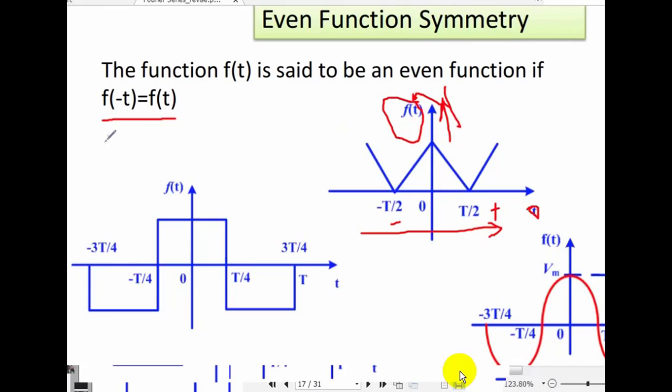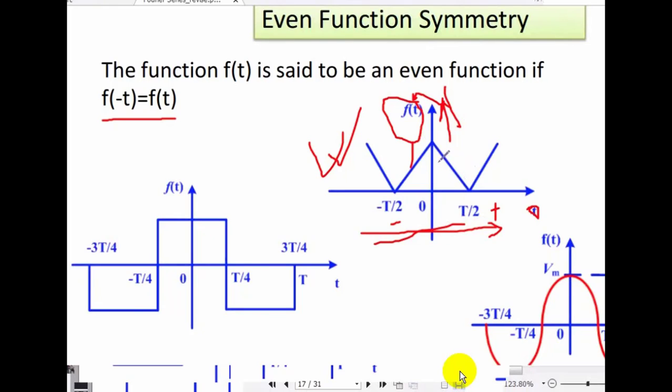Okay. So everybody understand minus t and plus t, right? Now f of t, in this case, has always positive value because there is no negative here. So all are positive.